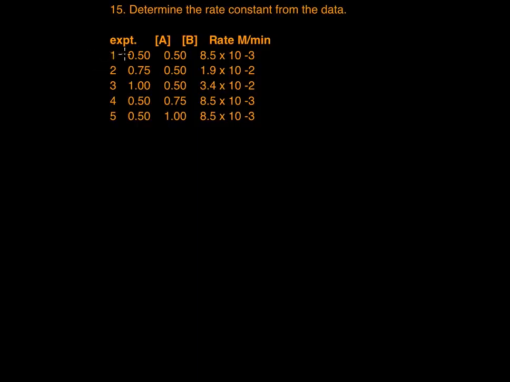So first, let's look at A and try to determine the change in the rate based on the change in concentration of A. Let's find two reactions where the concentration of A is doubling. There are a lot of choices here, but we also want to make sure that B is constant.